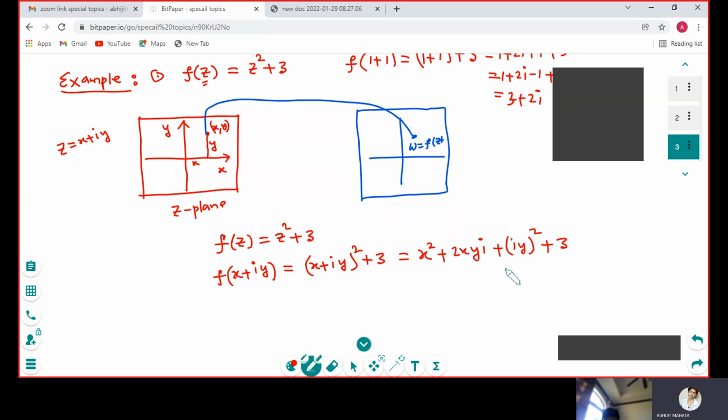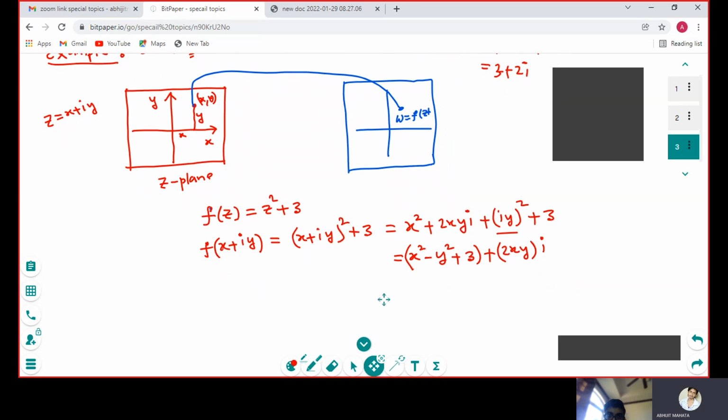What will it be then? You get here x square, and from here we get minus y square plus 3. This is the real part, right? Plus 2xyi. This part is the imaginary part, right? So any complex valued function, you can write as real part plus i into imaginary part, right?